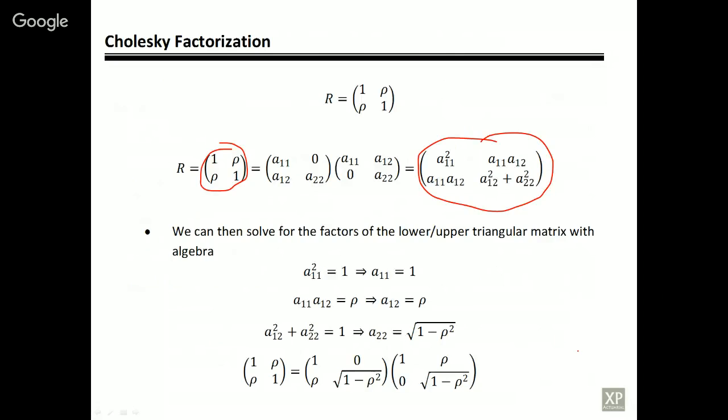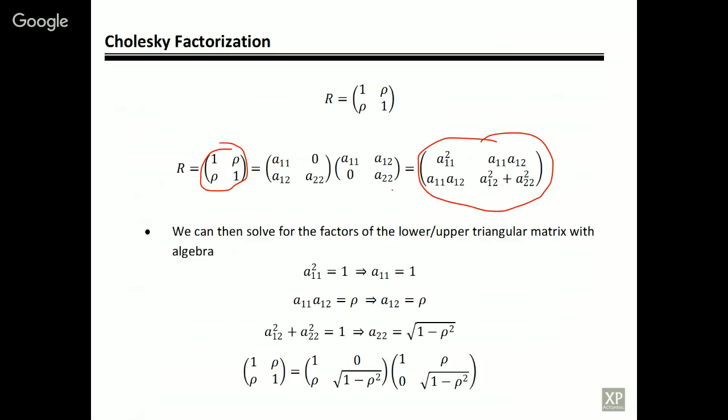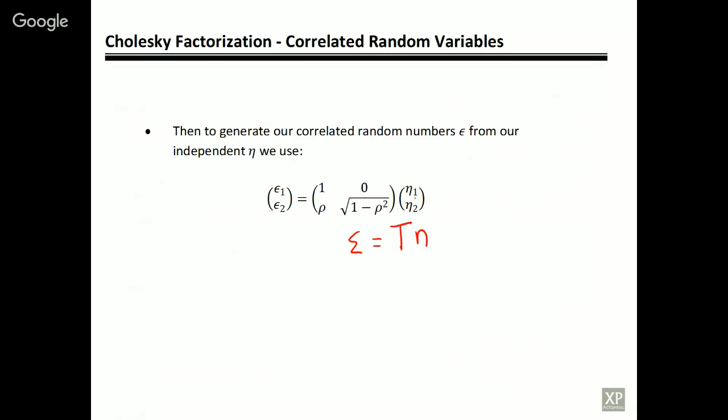The final step is to actually generate the correlated random numbers. So what we do is we have a matrix N that is uncorrelated, and we pre-multiply that by our lower triangular matrix T, and that'll be equal to epsilon. So we take our triangular matrix that we just solved for here, 1, rho, square root of 1 minus rho squared, and 0, and we multiply it by our N1 and N2, which are uncorrelated.